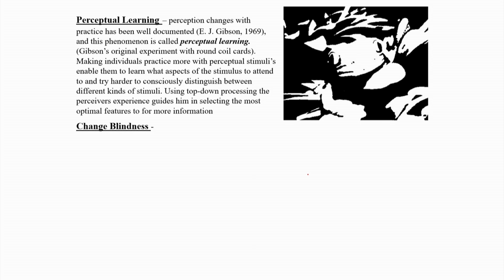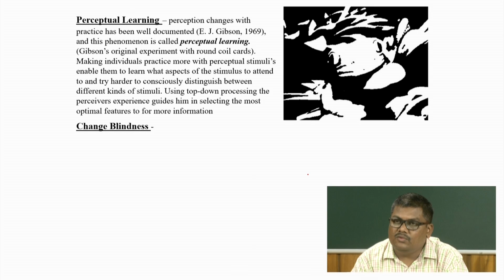Change blindness is the inability to detect changes in objects or scenes, especially when given different views of that object. Basically, if many different versions of an object are shown to you from different angles, people are not able to detect the change, and this is what is called change blindness.